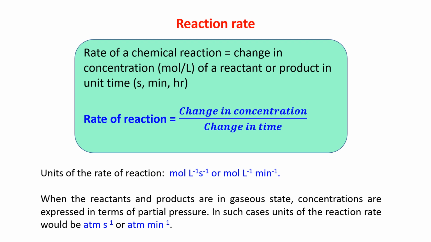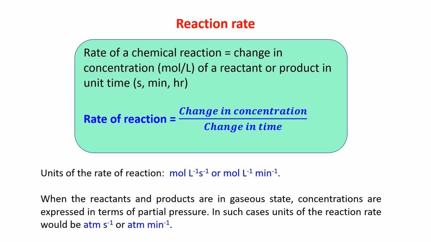Suppose a reaction is going from reactant side to product side. That means after a certain period of time, the concentration of the reactant will decrease and the concentration of the product will increase. So the rate of a reaction, with respect to reactants or products, whatever it may be, is the change in concentration by change in time.